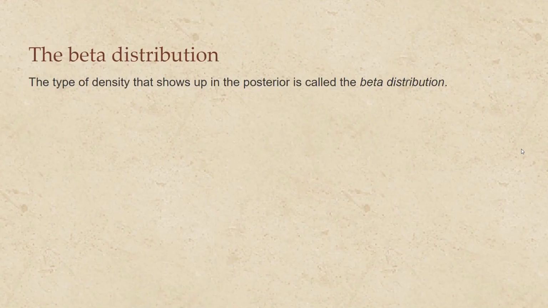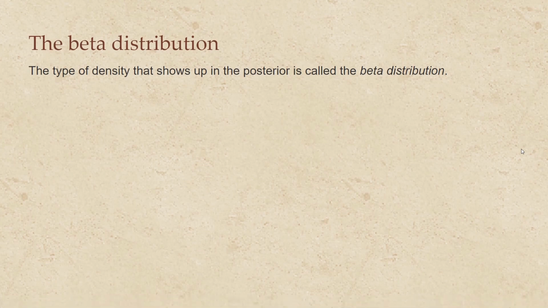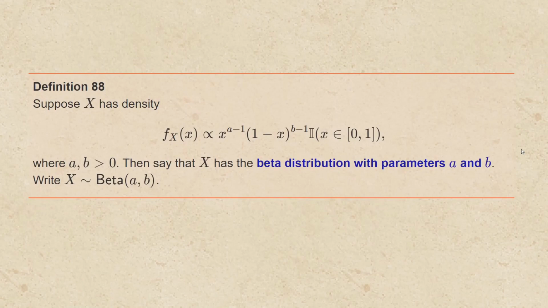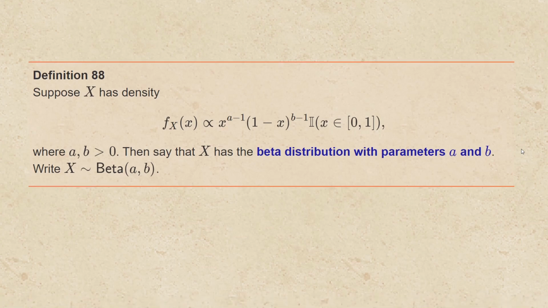Now, this type of density that shows up in the posterior is called the beta distribution. Suppose that x has density which is proportional to x to the a minus 1 power times 1 minus x to the b minus 1 power times the indicator that x falls between 0 and 1, where a and b are greater than 0. Then we say that x has the beta distribution with parameters a and b.